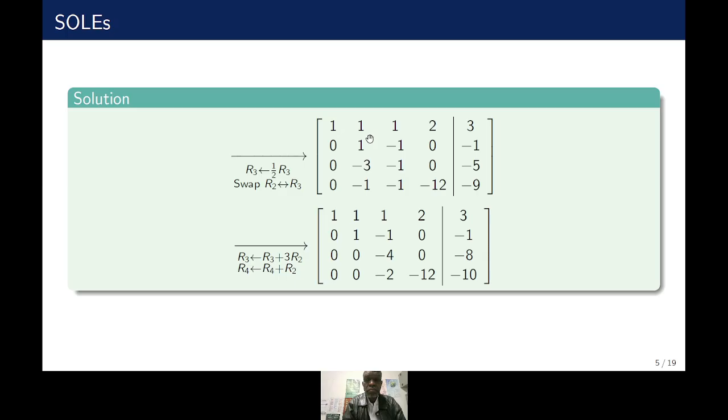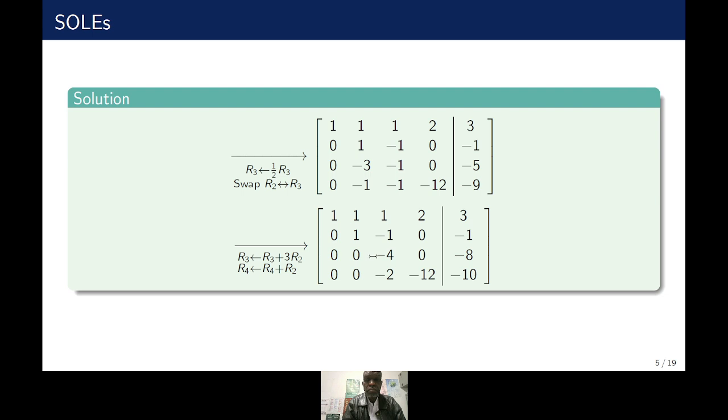And if we add row 3 and row 4, it will eliminate this. This new set of row operations will give you these new coefficients.